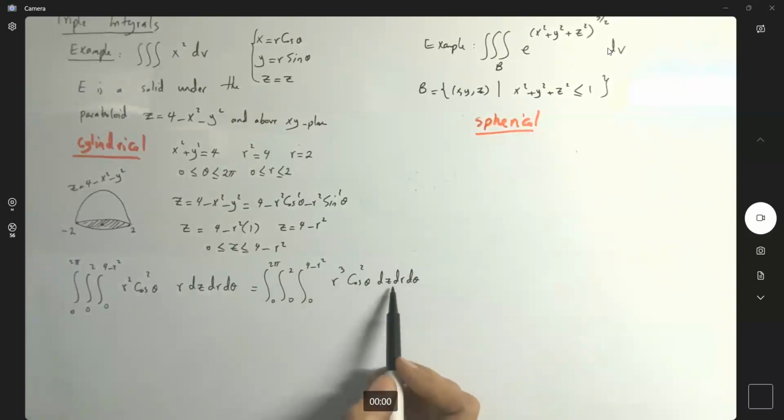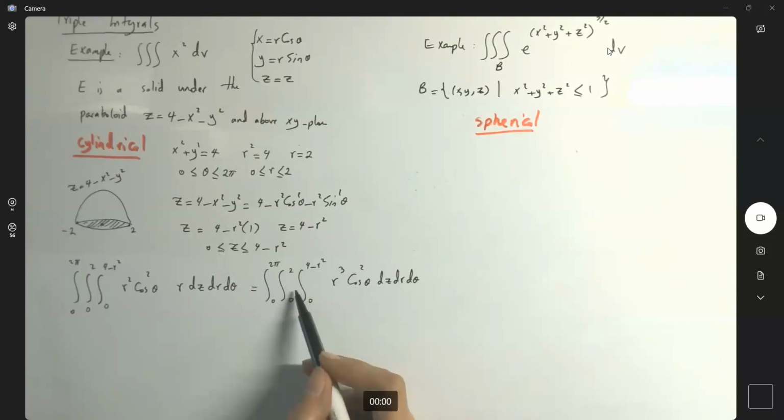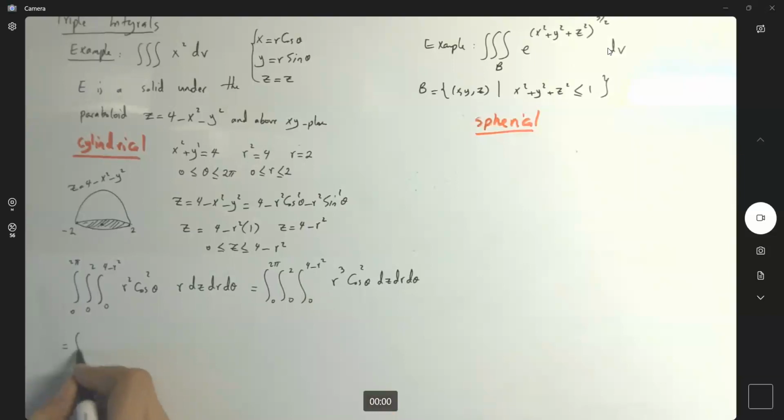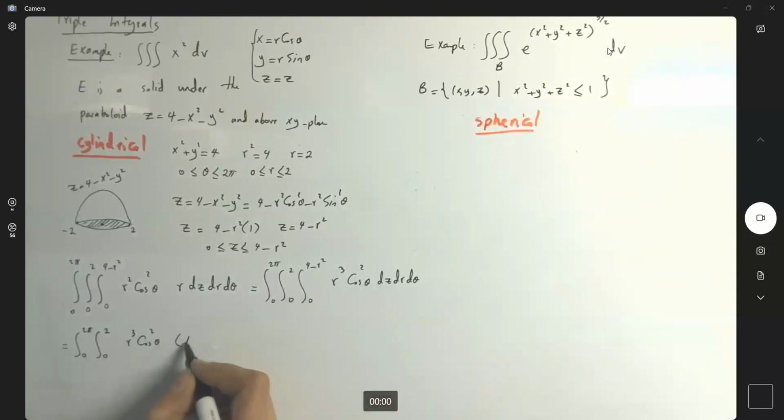First of all, your inner integral is with respect to z, which means you can move this in front of your inner integral. This becomes the integral from 0 to 2 pi, the integral from 0 to 2, and here you have r cubed cosine squared theta, and here you have dz, which is now 4 minus r squared, dr d theta.